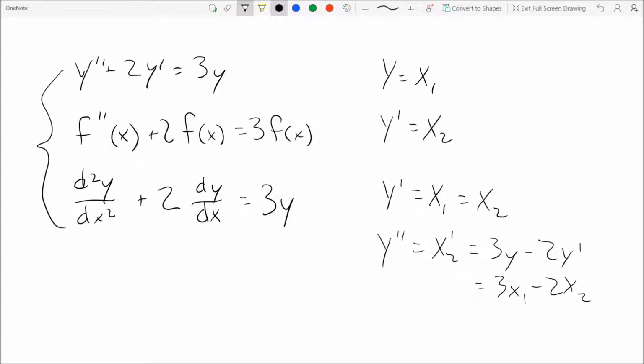a system of first order differential equations that we actually end up using linear algebra to solve.